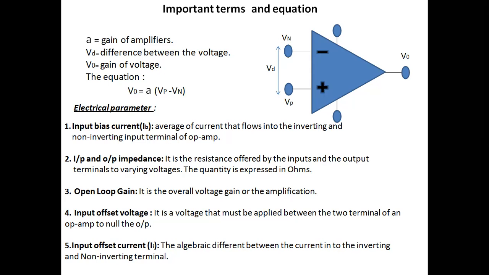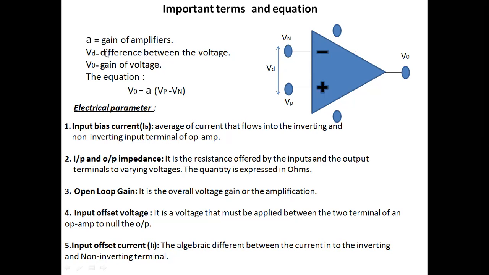It means the output will depend on the difference between the input voltages. If we give two terminal voltages, at the negative terminal and the positive terminal, we can call VD the difference between the voltages, that is Vp minus Vn, positive minus negative.